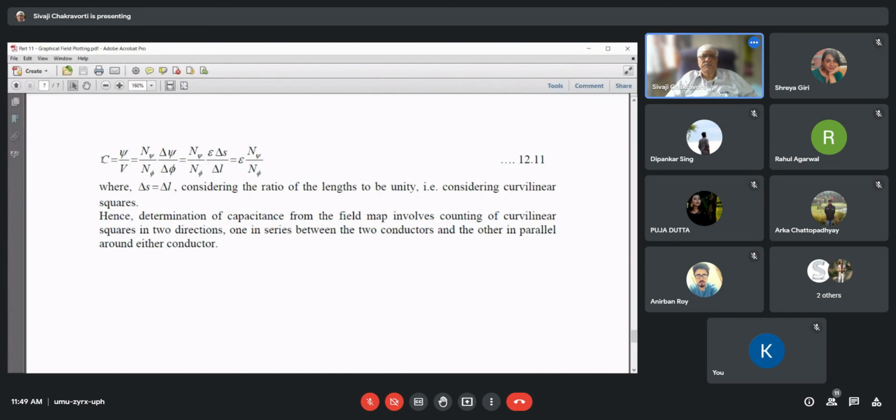and you get C. Now that's quite a brilliant way of representing the capacitance of the system without going into any sort of computation. Yes, it may not be very accurate, as I said, but a good field map, once done, gives 5% accuracy, which in many cases people accept in real life.